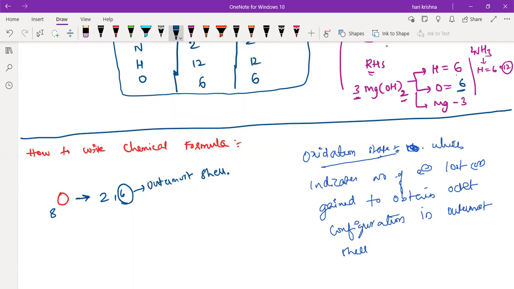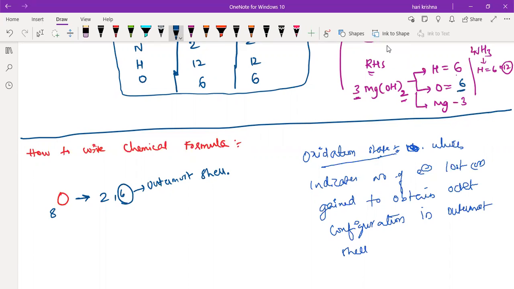Okay. Now, how many electrons are required to maintain the octet configuration? 2 electrons.